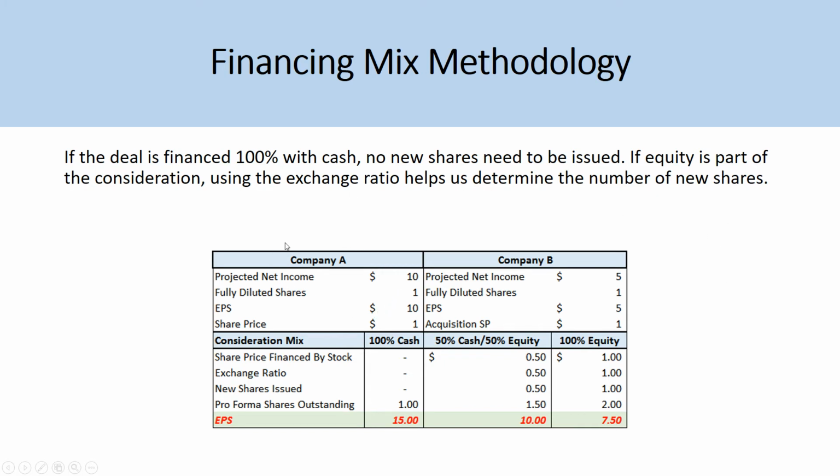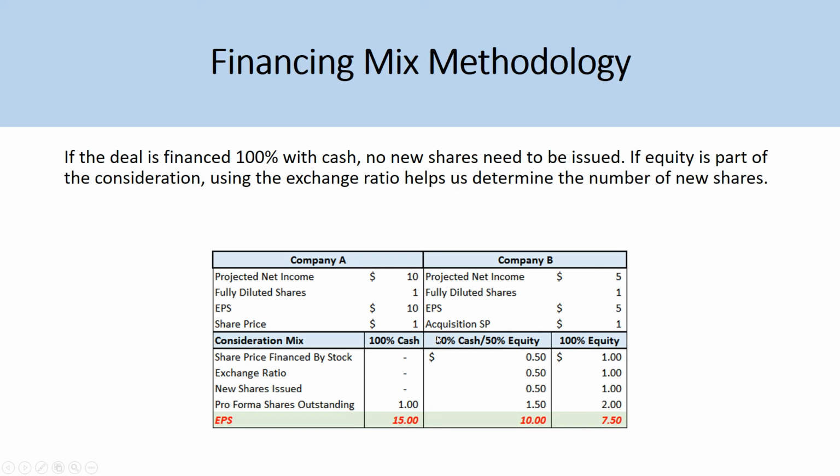If Company A were to acquire Company B using only 100% cash, and the acquisition share price is $1 a share, all they have to do is pay the full dollar using cash. And so they still have fully diluted shares of 1 and projected net income of 15. So their new EPS is 15 divided by 1, which is an EPS of 15.